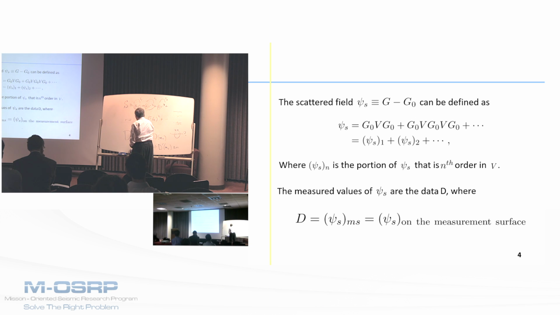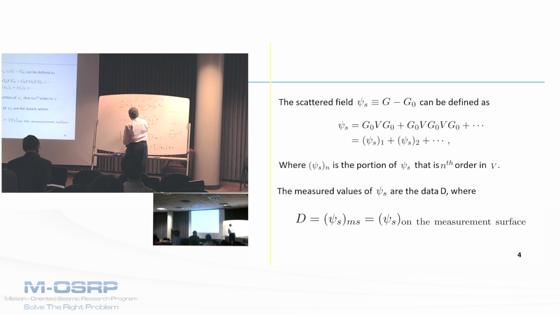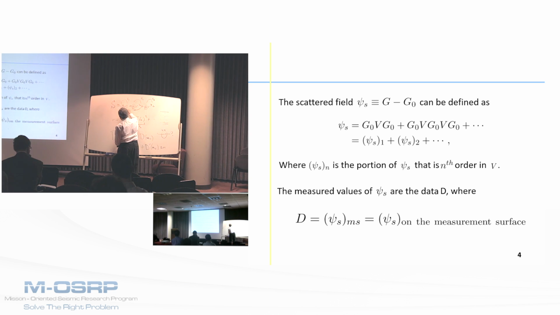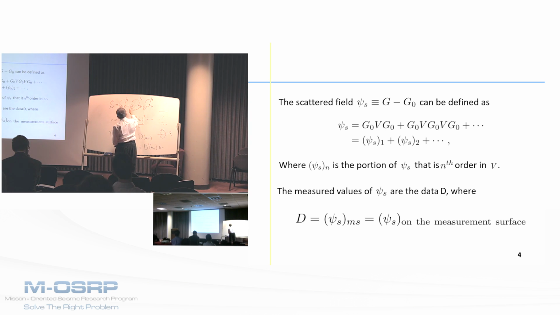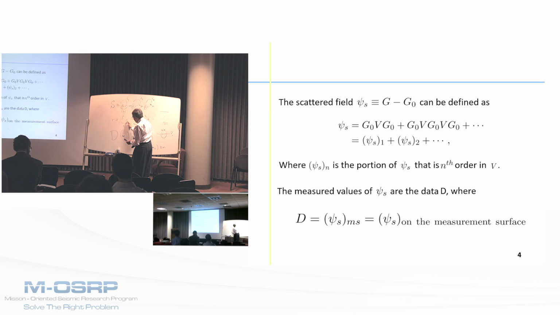This is R1. This is R2. In other words, this is the linear estimate of S. This is the quadratic contribution to S. This is the linear contribution to R. This is the quadratic contribution to R.